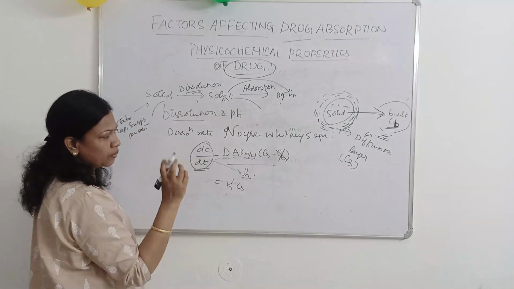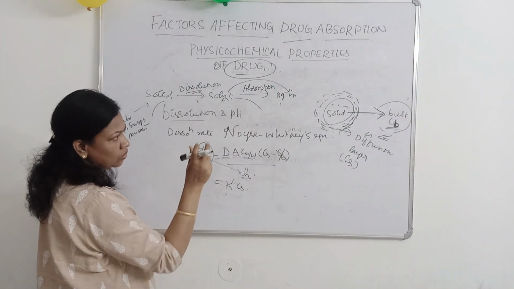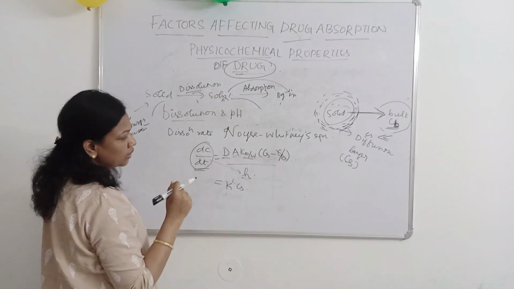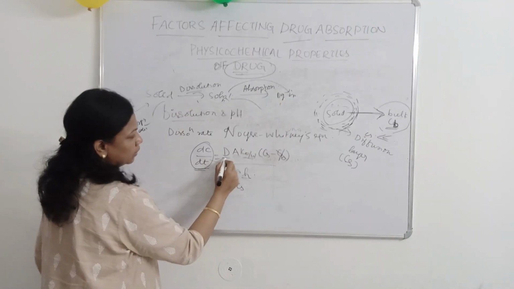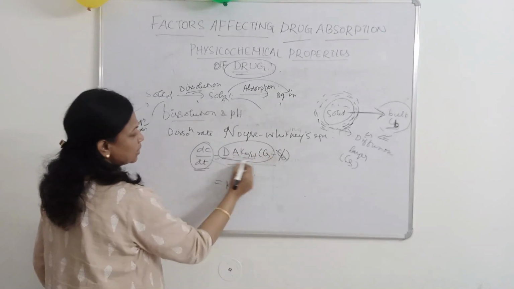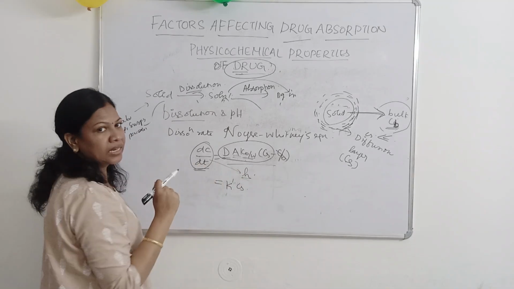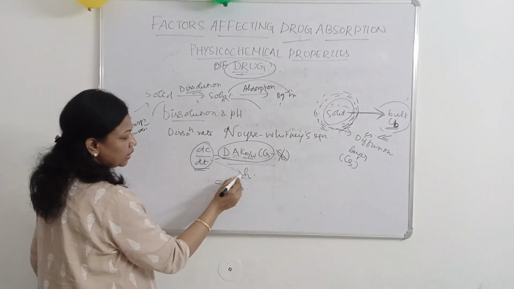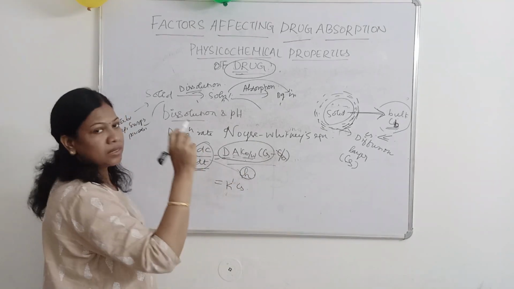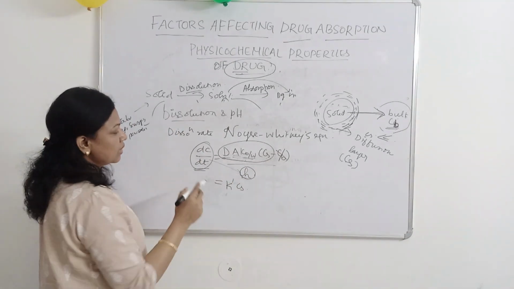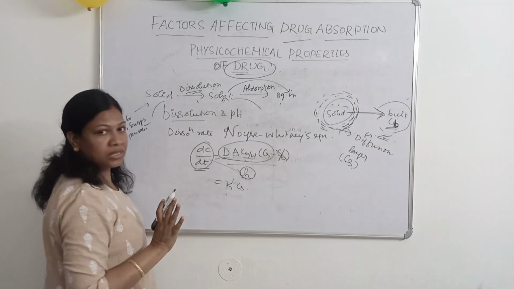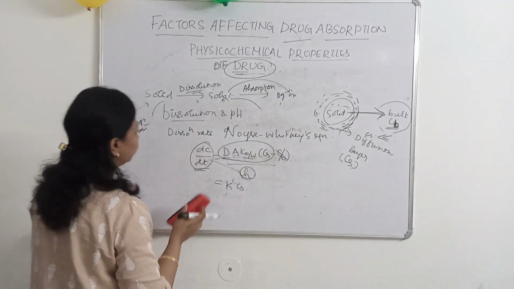Its thickness will be less at the surface of the drug. So all these parameters, which are saturated concentration, permeability, diffusion and area, are directly proportional to the dissolution rate, whereas the thickness of the diffusion layer is inversely proportional to the dissolution rate.